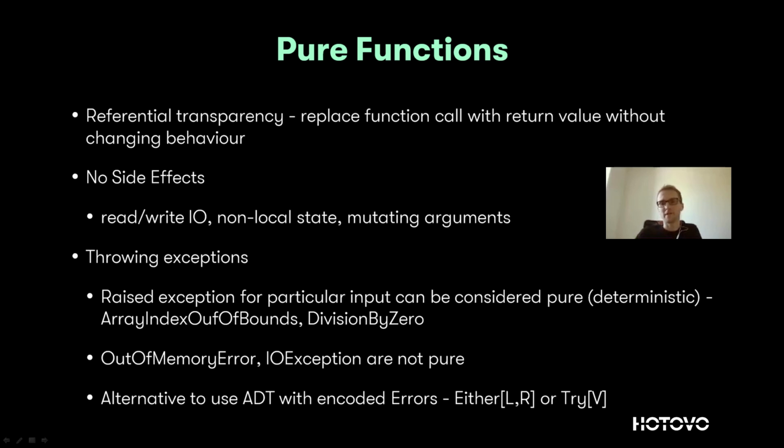I think it depends on the type of the exception. When the exception is encoded into the signature of the function, and the exception is always thrown for the same parameter, then it's deterministic in this sense.